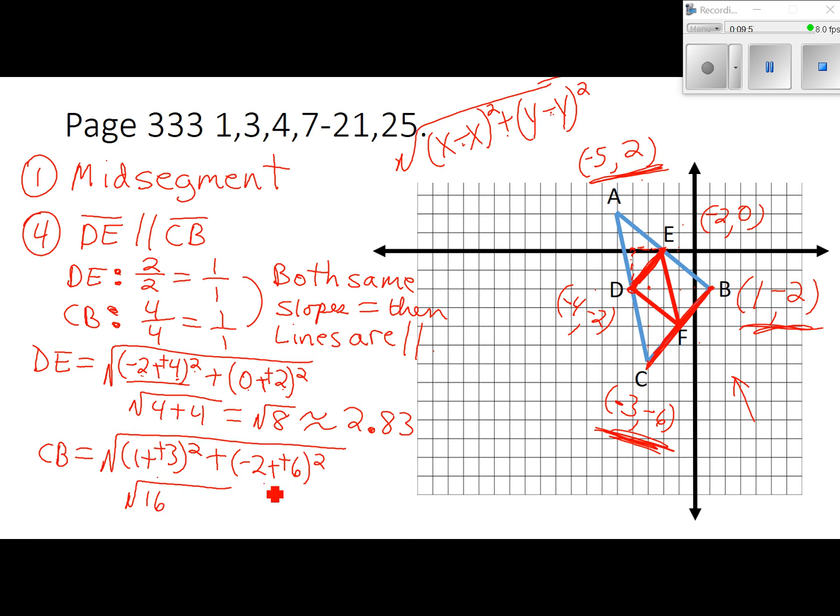For this second part, -2 plus 6 is 4, 4 squared is 16. So we got 16 again, that's 32. We want the square root of 32. So we grab our calculators, square root of 32, and we get about 5.66.